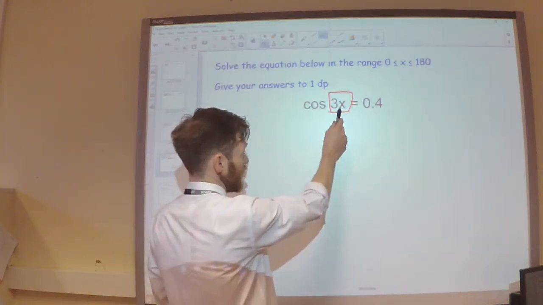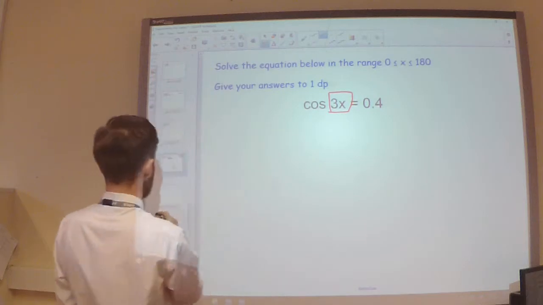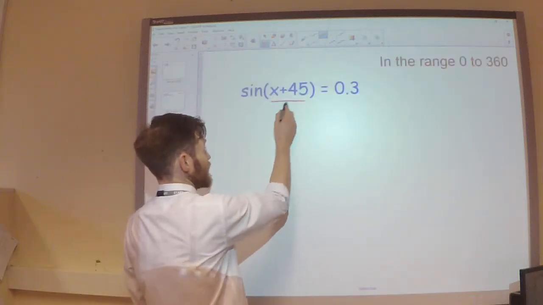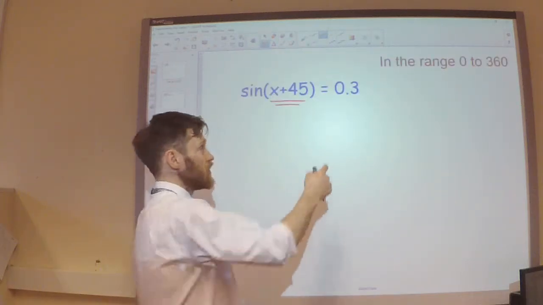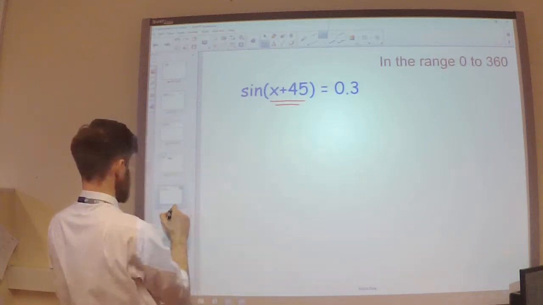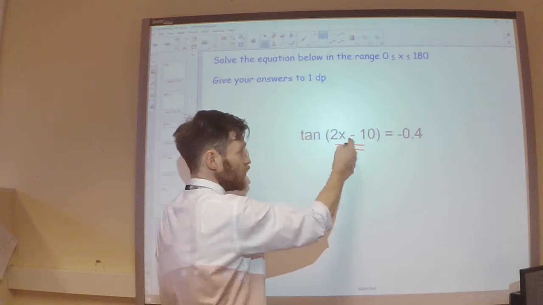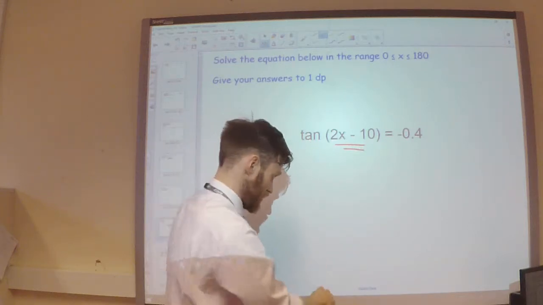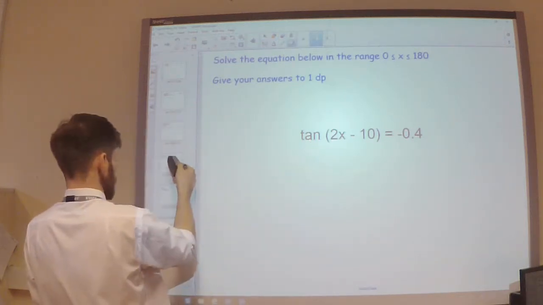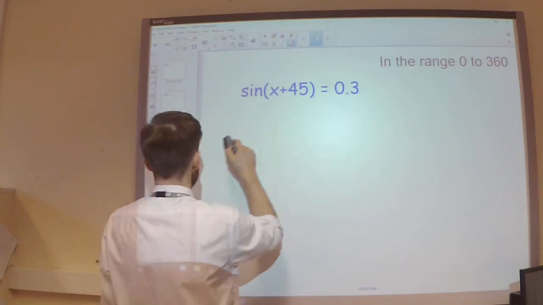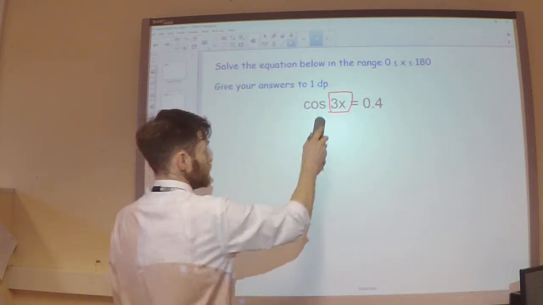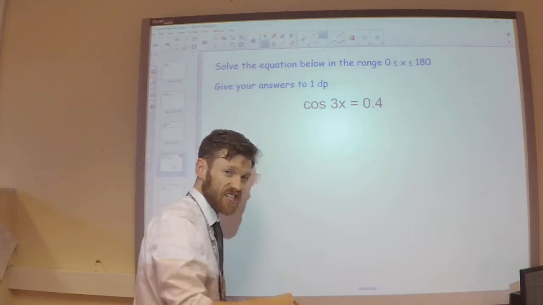So here I've got a 3x within the cos. Here I have got an x plus 45 within the sine. Here I've got a 2x minus 10 inside the tan function. So with all of these examples, I'm going to need to make a substitution and change the range.